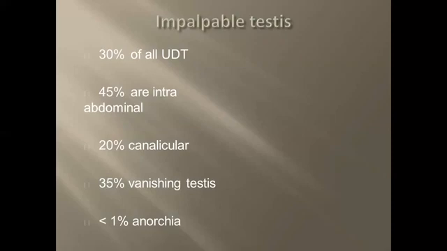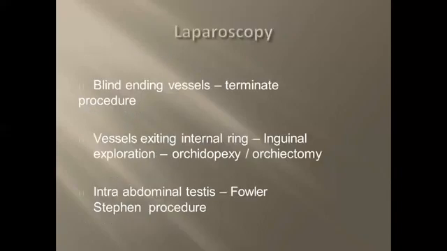If there is no blood supply to the testis during its intra-abdominal developmental phase, the testis is ischemic and virtually atrophic, it has vanished, it is gone. So this is known as a vanishing testis. Anorchia is another condition.